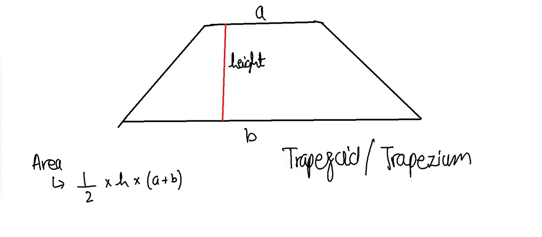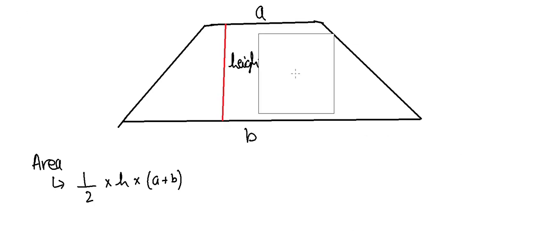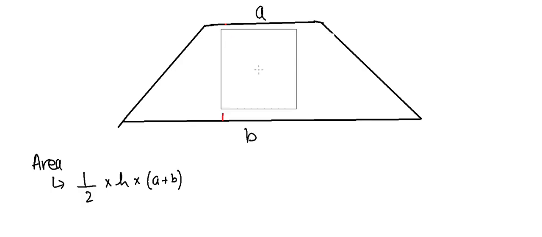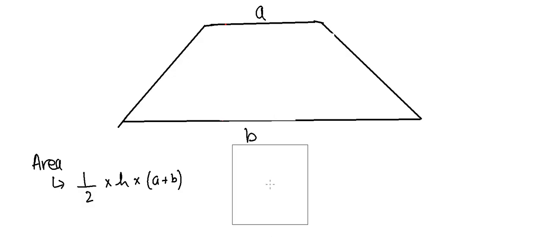A and b are the two parallel sides. This is the first method of finding the area of a trapezium.